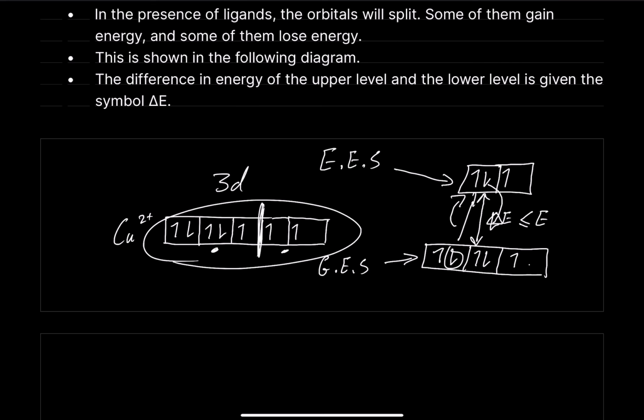Originally the electron gets excited from the ground electronic state to the excited electronic state, and then it gets de-excited from the excited electronic state back down to the ground electronic state. As it does so, it emits a specific wavelength of light. Together with the other wavelengths of light, that is the light that we see, right?